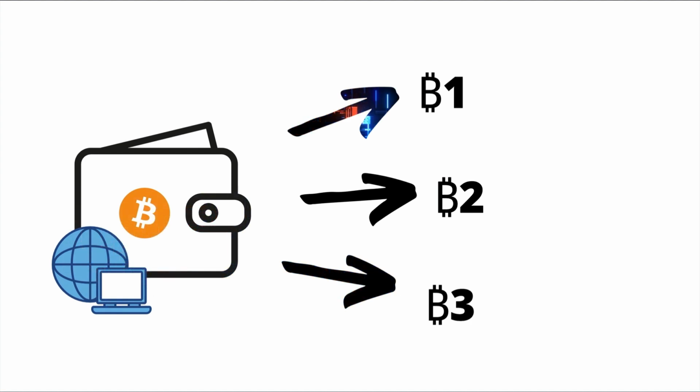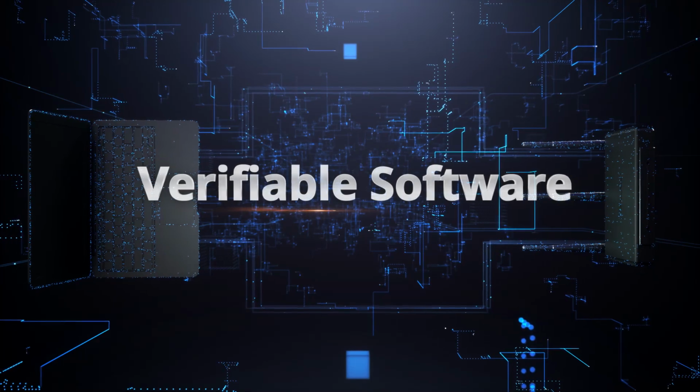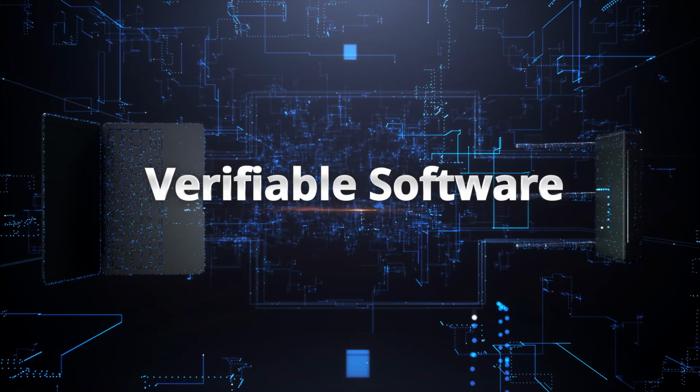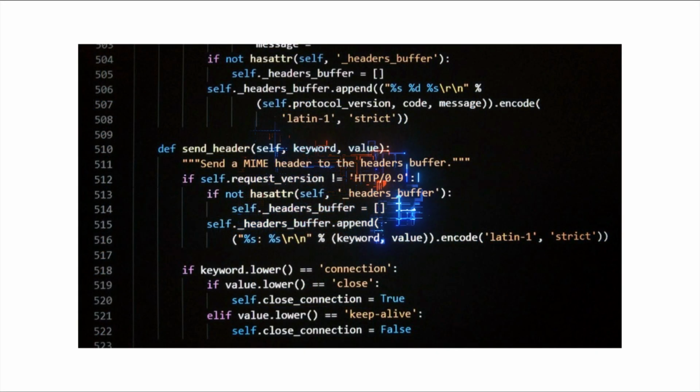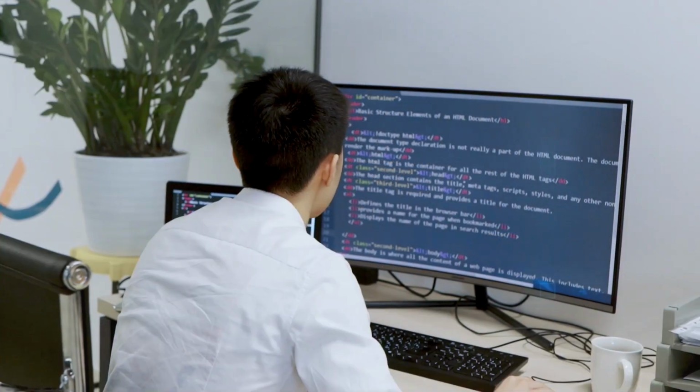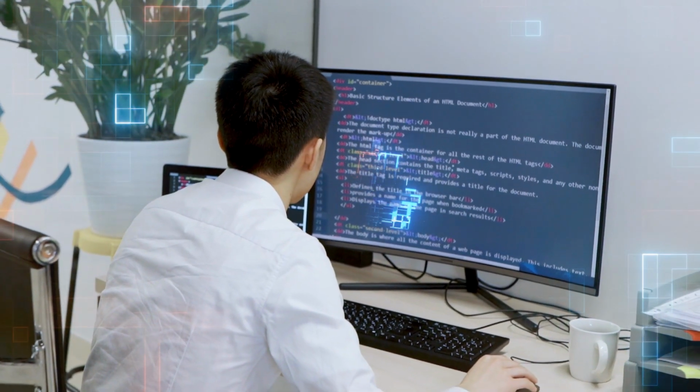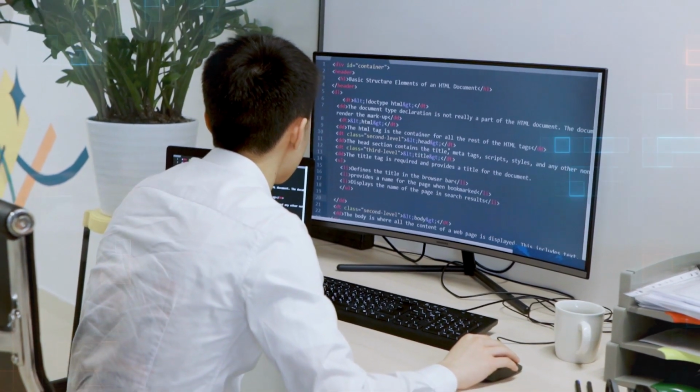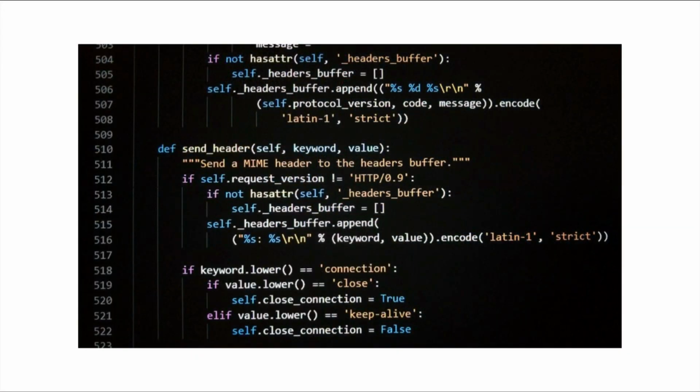And now, what does verifiable mean for software? When you have software on your computer running, do you know what exactly it's actually doing? Probably not, right? But what if you developed that piece of software yourself? Well, now all of a sudden you do know exactly what it's doing.